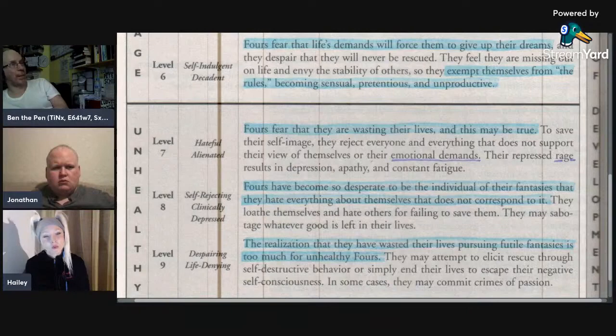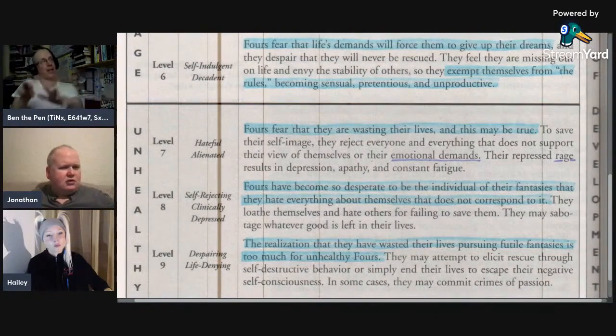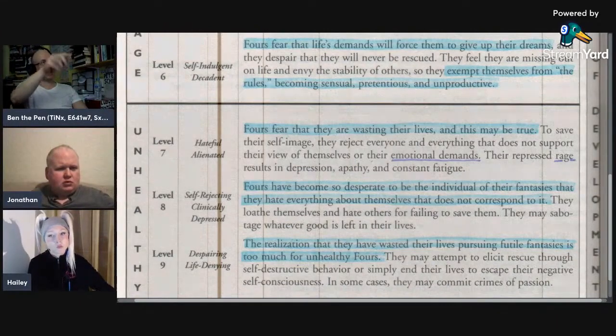So that's that tension within, or maybe the four fixated person, they want to get their products out there if they're creative, but if they fail. But what I was saying is that's not so much there. That wasting their life thing, again, it's specific to a core four.